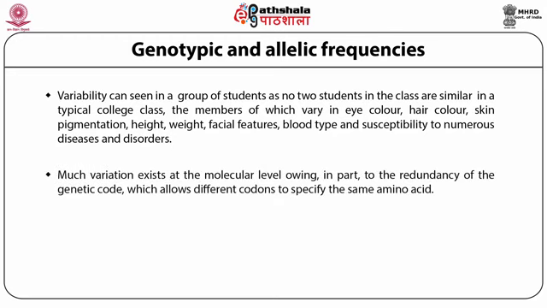Much variation exists at the molecular level, owing in part to the redundancy of the genetic code, which allows different codons to specify the same amino acid. Thus, no two members of a population may have the same DNA sequence even if they produce the same protein.